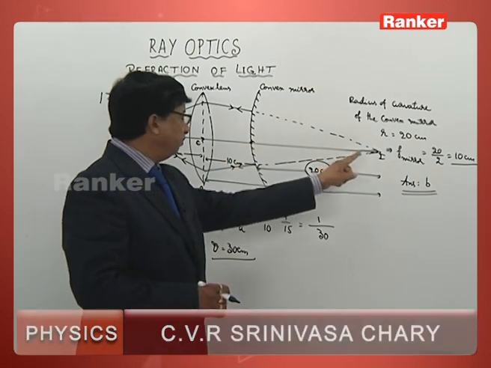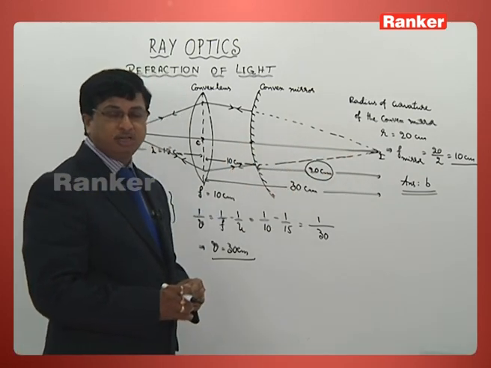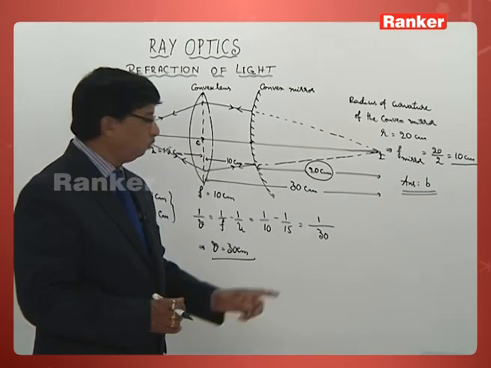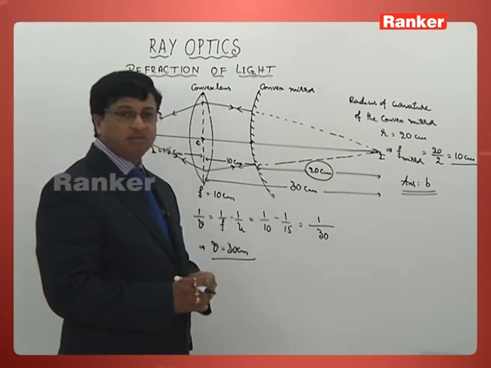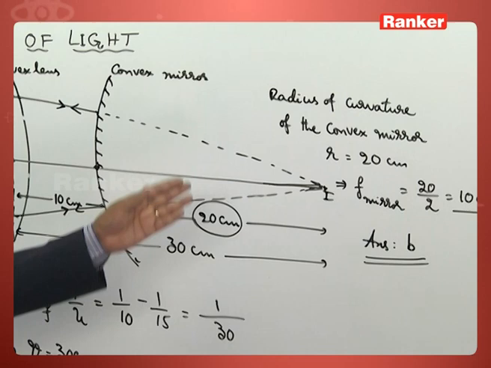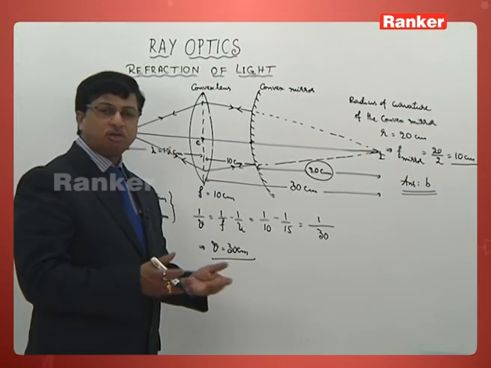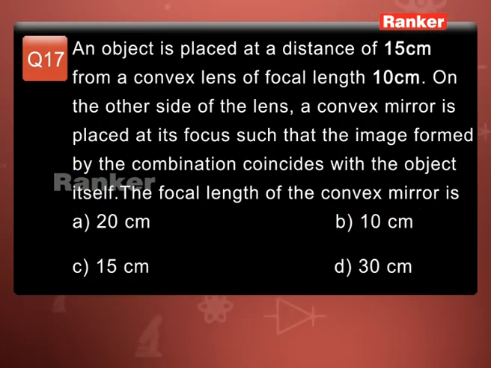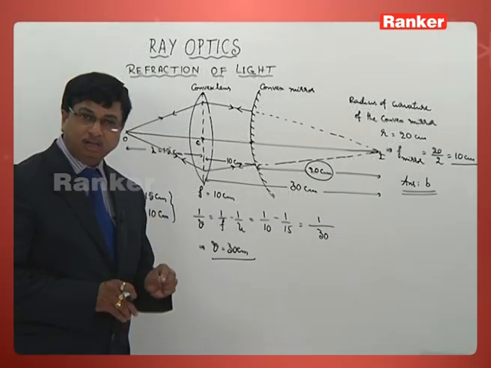This distance from this convex mirror to the first image that is to be formed by convex lens, that should be equal to the radius of curvature of this mirror. That now must be 20 centimeter. So when R is equal to 20, automatically we can write f must be half of that value, that is 10 centimeter. As such, this is problem number 17 what we have.